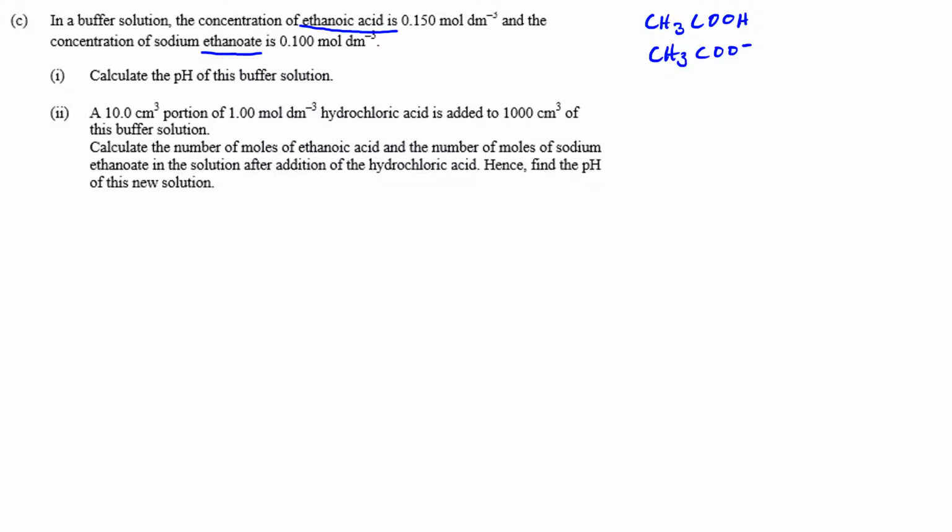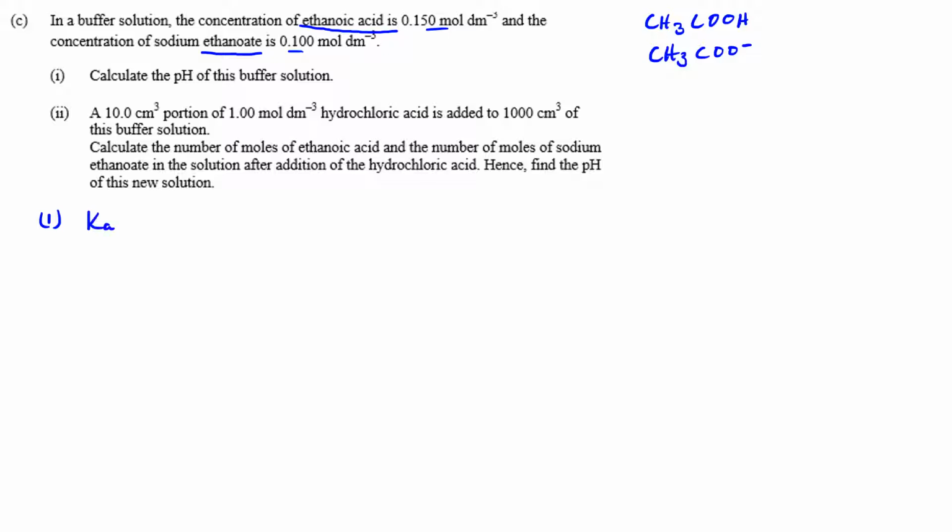Good, so they're the important ions, and we're told the concentrations of each one, and we're going to use that in a minute. But let's do 3C part 1 first: calculate the pH of this buffer. And I suppose the only tricky bit is to remember that we're going to use the expression for Ka in order to find the pH of this buffer.